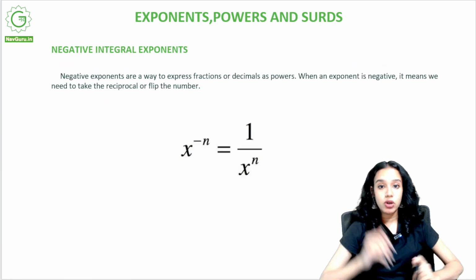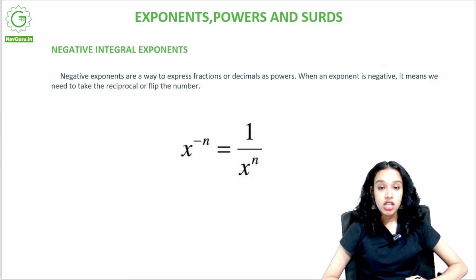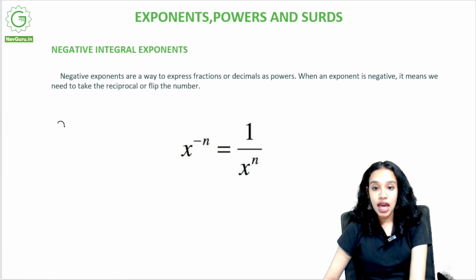Now, let's move on to negative integral exponents. So what are negative integral exponents? Negative exponents are a way to express fractions or decimals as powers, right? When an exponent is negative, it means that we need to take the reciprocal or flip the number. So let's say if we have 2 raised to minus 2 as a number, what does this mean?